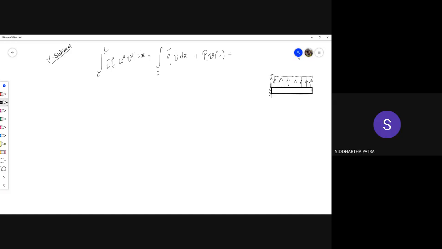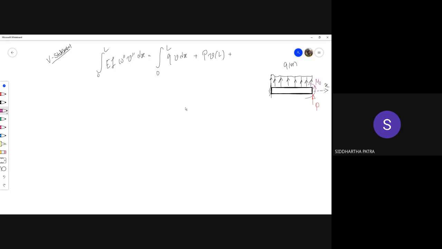So that is the distributed force Q. The direction along the axis is x. The concentrated force at the free end is P, and that moment at the free end is m0.